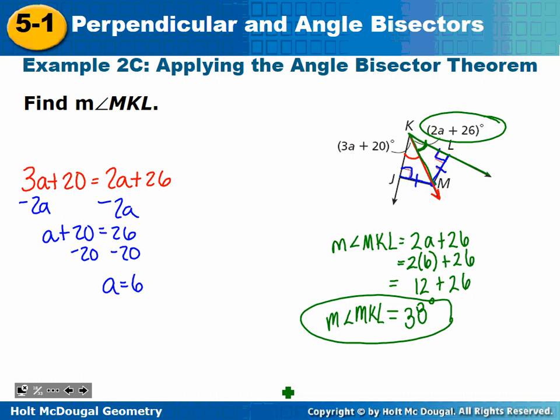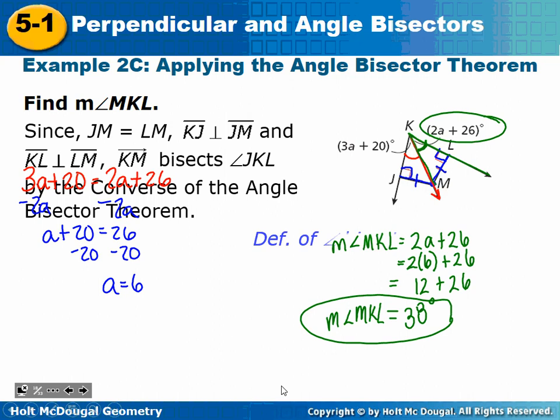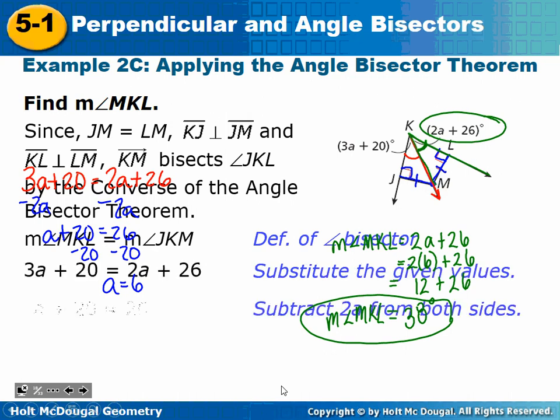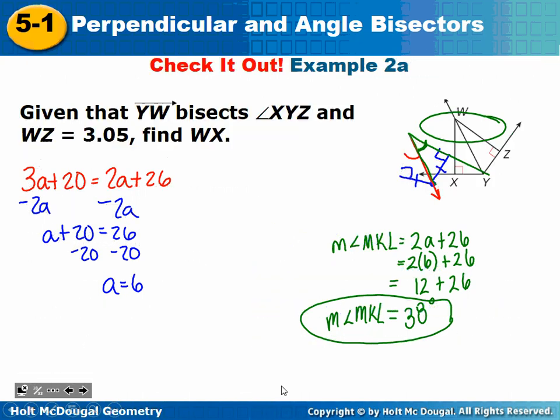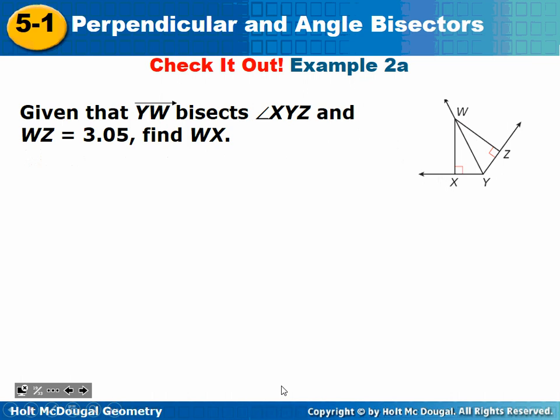Okay, if you flip it over, same kind of problem again. This one's just a little bit easier, but first thing I would do is have you look at the picture. Based on the markings in the picture, do we have an angle bisector? Just looking at the picture.